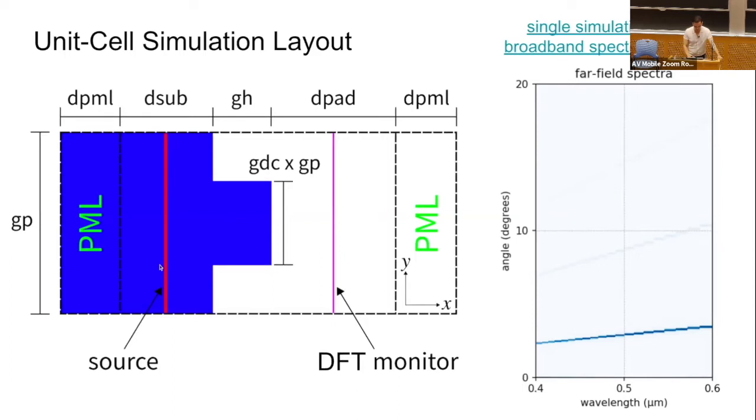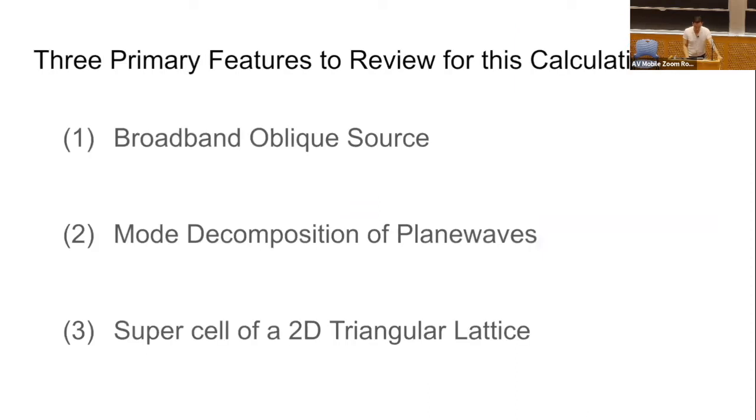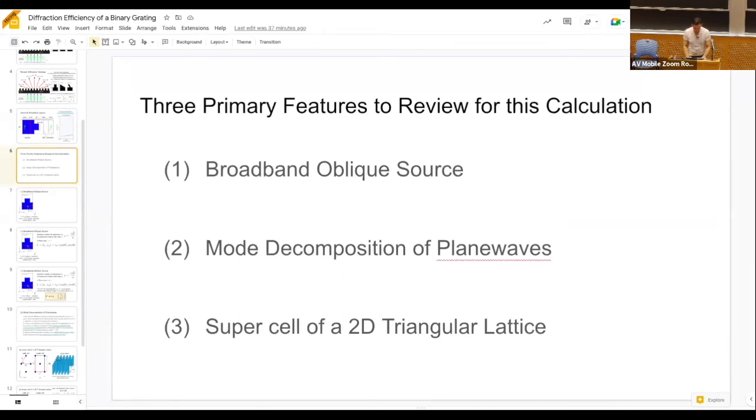We have our sources and our DFT monitors. The challenges mainly are, as I mentioned, how do you set up a broadband oblique source, and how do you do the mode decomposition? So now let's look at a practical example of how this all works by turning to an actual Meep script.